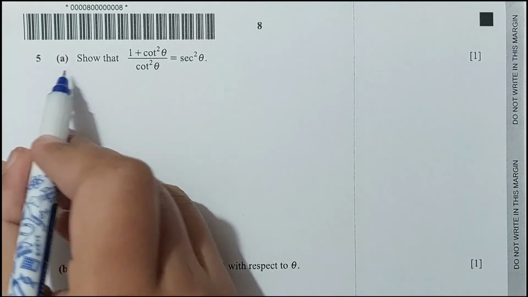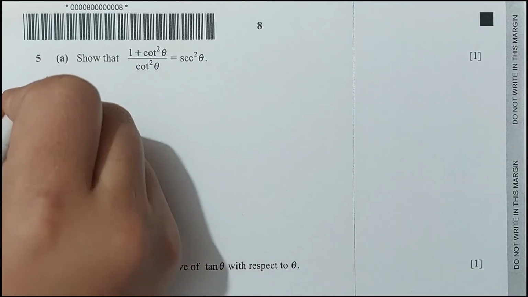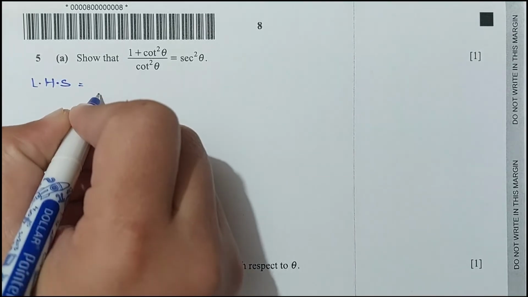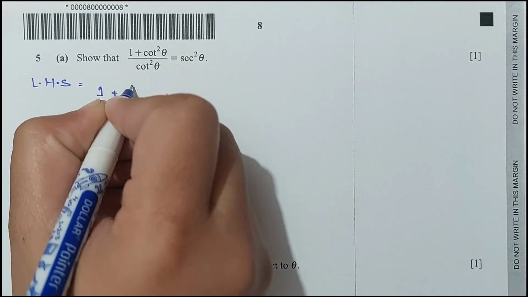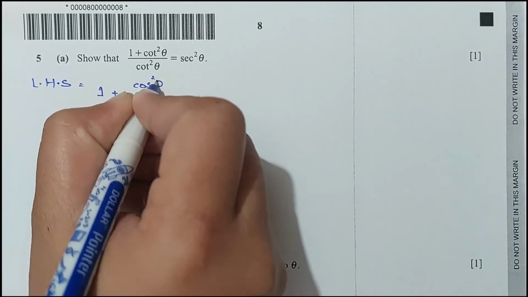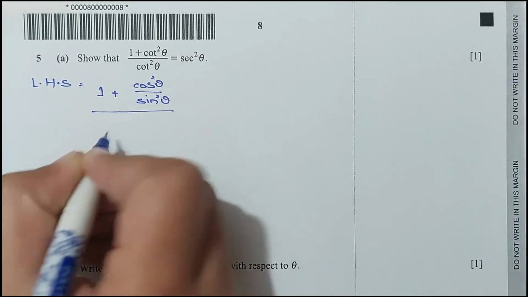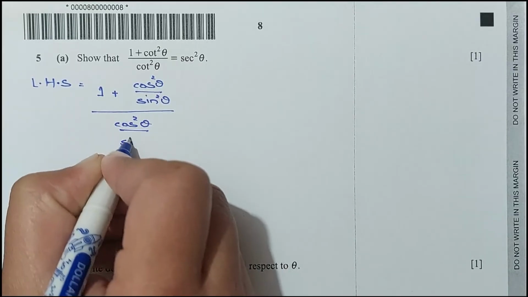Question number 5, part A, show that the left hand side equals to the right hand side. Let me start from the left hand side, which is 1 plus cot squared, cot is basically cos over sine. Cos square theta over sine square theta, whole divided by cos square theta over sine square theta.